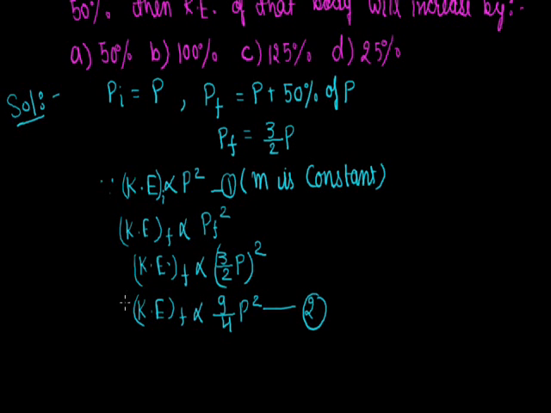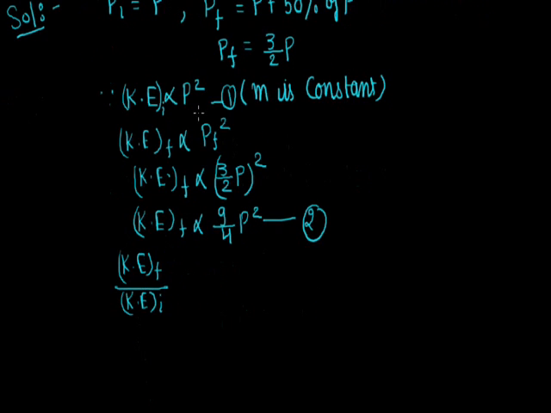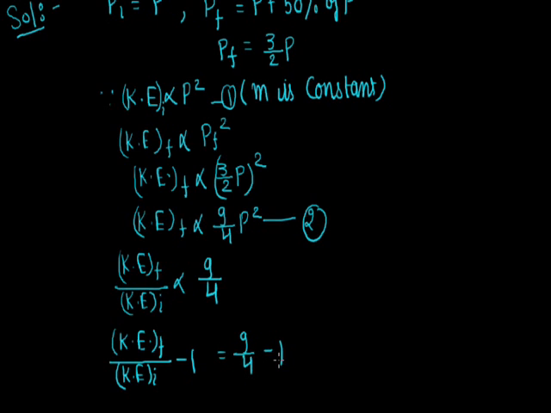Now dividing equation number 2 by equation number 1, we get kinetic energy final upon kinetic energy initial is 9 by 4. By subtracting 1 from both sides, we get kinetic energy final upon kinetic energy initial minus 1 equals 9 by 4 minus 1.